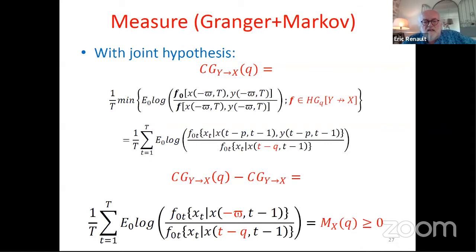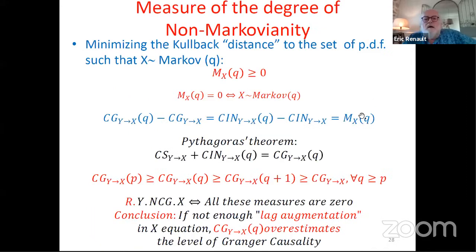Actually, if you look at the difference between the two, you have another measure, which is a measure of non-Markovianity. So you look at to what extent you are wrong in assuming for X that it is Markov for the P, while it is not Markov at all. Okay. And basically, you have the causality measure, and what you can see is that if you do like Gouriéroux-Monfort-Renault or Schreiber and so on, you just put P lags, you overestimate the Granger causality measure. With more lags, you will overestimate less.